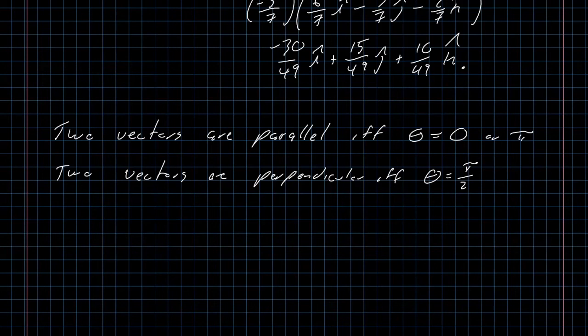If the angle between the vectors is 0 or pi, 180 degrees, then the vectors are parallel. If the angle between the vectors is pi/2, 90 degrees, then the vectors are perpendicular.